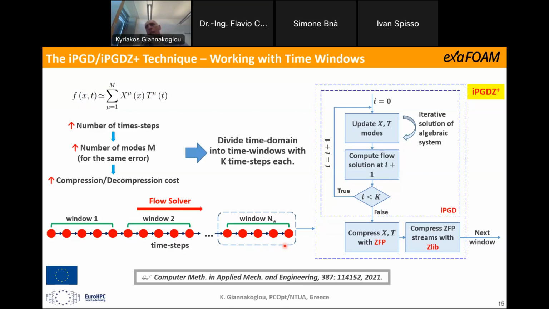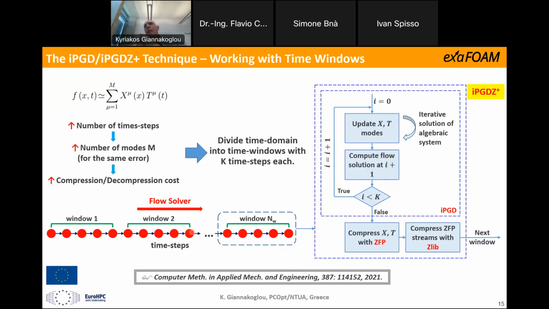Because as the number of time steps becomes higher, you will realize soon that more temporal modes are needed in order to maintain an acceptable error. So this will increase a lot the requirements of this method. In order to reduce the cost, the time domain is partitioned into a number of time windows. Each time window is marked here with a green light.